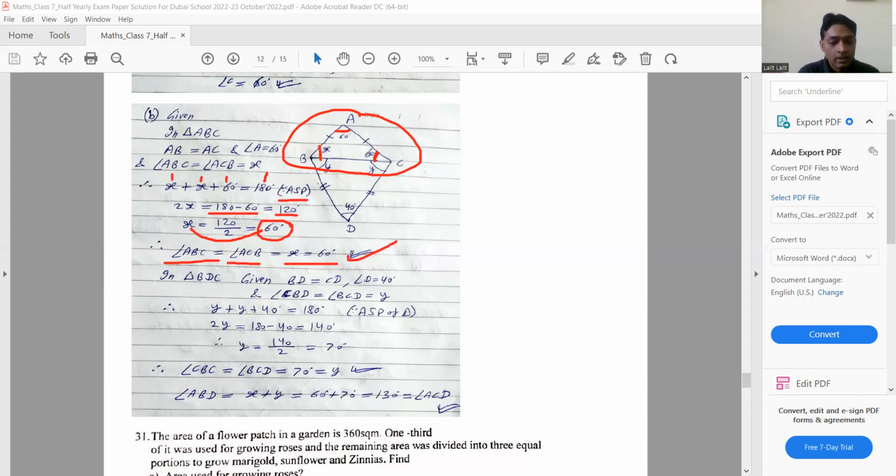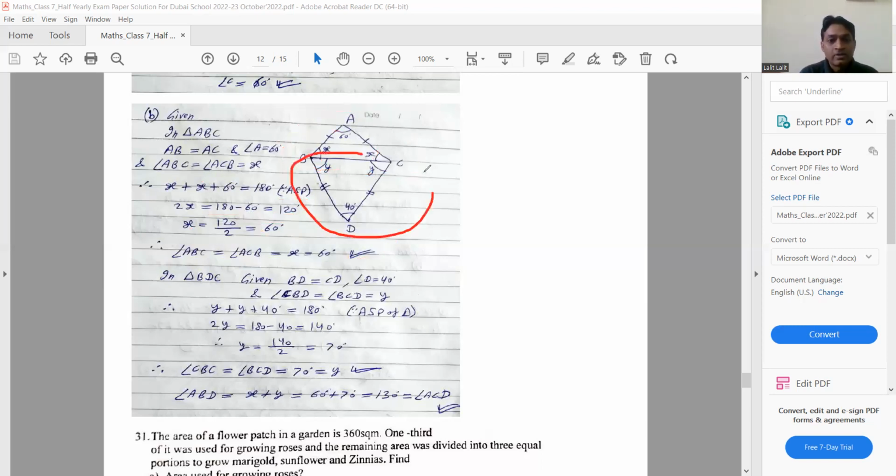Now, second, let's take the other triangle, triangle BDC. Here again we put the angle sum property: y plus y plus 40 degrees is equal to 180 degrees, since the sum of all three angles is 180 degrees. So 2y is equal to 180 minus 40, transposing, which is 140.